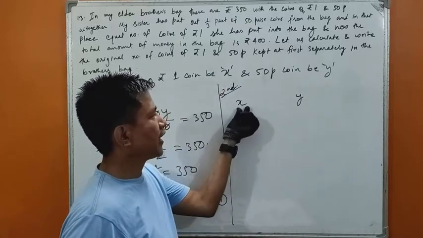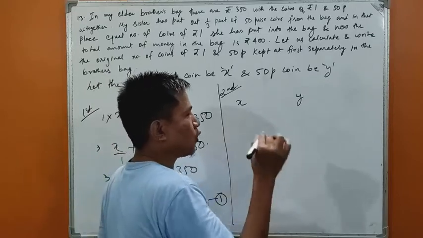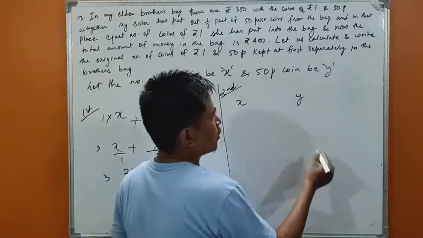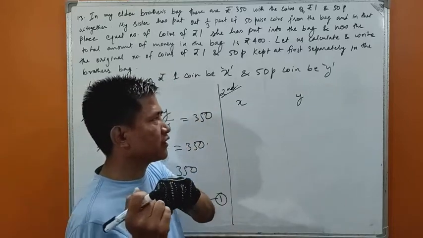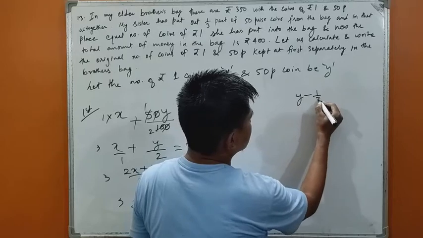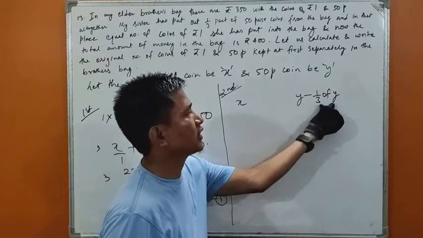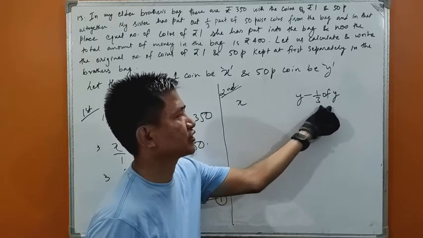What did that girl do? She took out 1/3 of 50 paise coins. Means 50 paise coins is reduced, isn't it? 1/3 of total number of 50 paise coins is reduced.